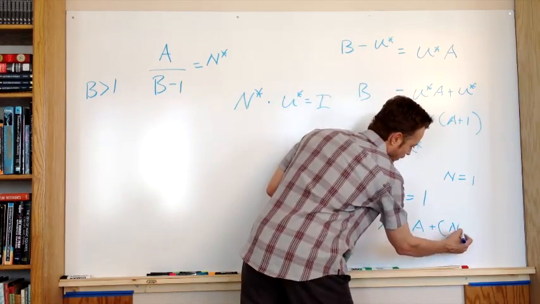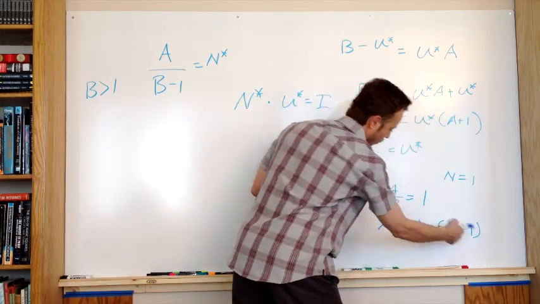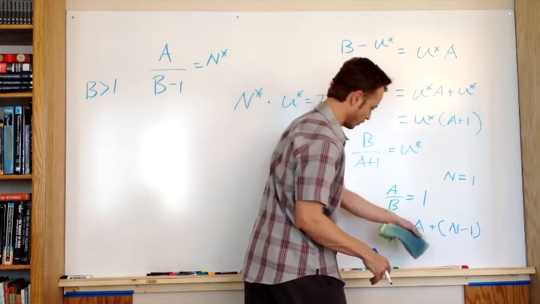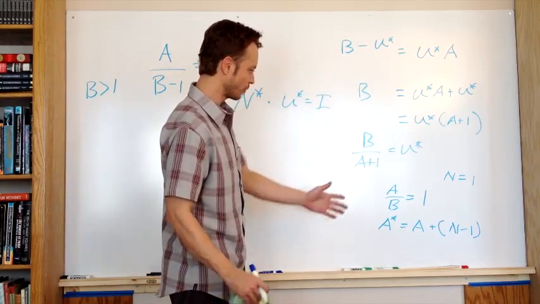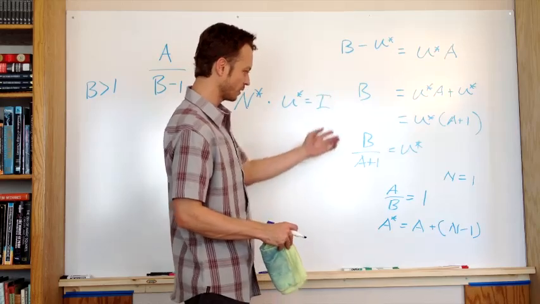So we have n minus 1 being the identity constant, so that there isn't any accounting for the infinite relative frames of reference, because there aren't any.